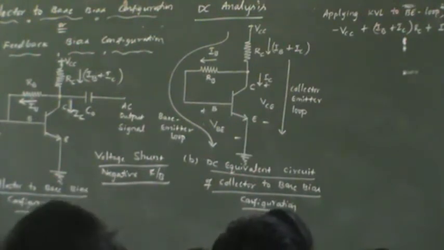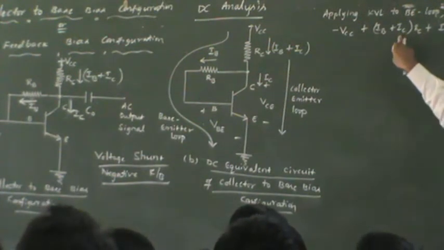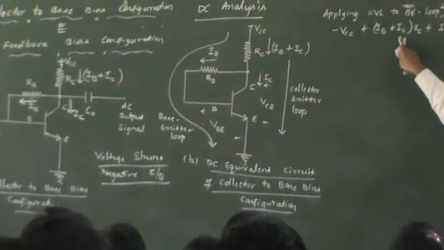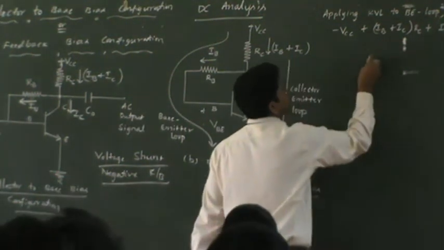From this I want to obtain an expression for the base current. See, there is a collector current here. Can we substitute IC as beta IB, so that from this expression I can easily estimate the base current?